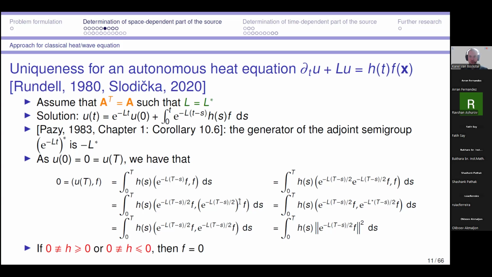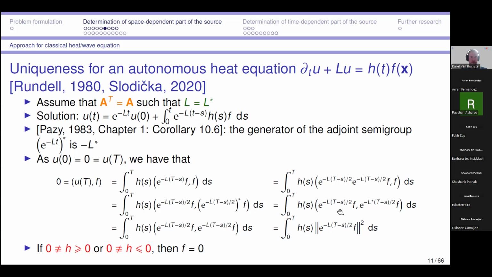We have the adjoint operator, and using that the operator is self-adjoint, we get here also operator L. So we get a norm of this guy. And so if h is positive and nowhere zero, then we get that this is equal to 0, and so f is equal to 0, and we also conclude that u is equal to 0.